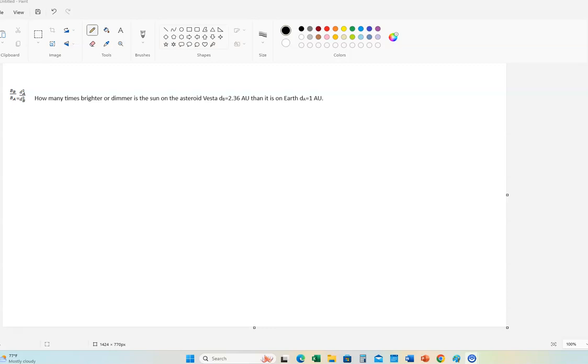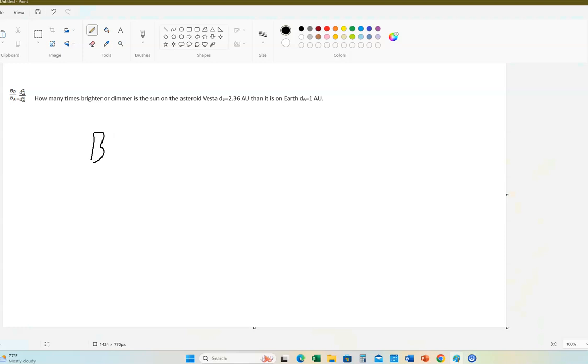The way that you do this, of course, is using the equation at the beginning. So the brightness at Vesta, which is B here, compared to the brightness at Earth, which is A, is going to equal the distance to Earth squared, which in astronomical units is 1 squared, which of course is still 1, divided by 2.36 squared.